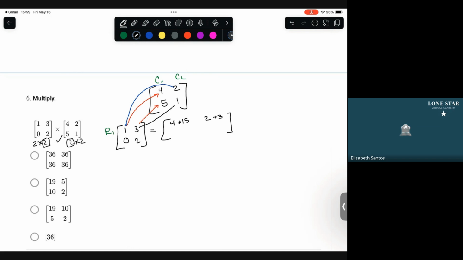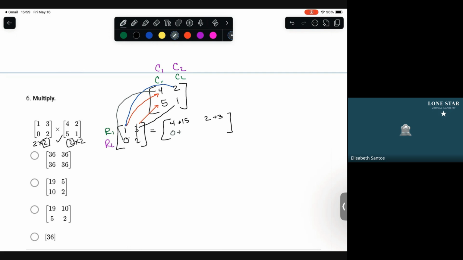Okay, so now we're done with row 1. Now we're going to focus on row 2 and then multiply by column 1 and column 2 of the second matrix. So we're going to take 0 and multiply by 4, which is 0.